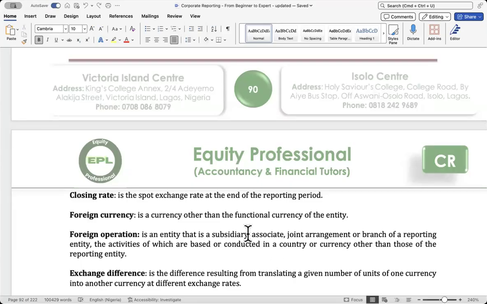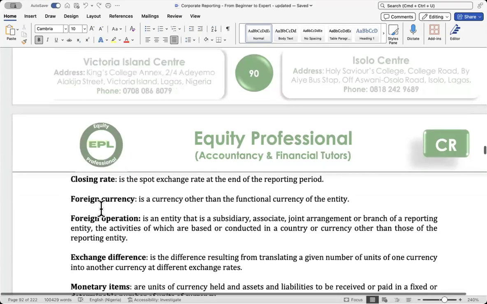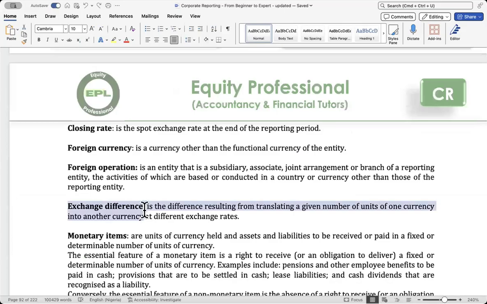And of course, you meet exchange difference, right? The problem of fluctuation in exchange rates usually results in exchange difference in the sense that when you're translating a transaction, let's say the transaction happened in January, you translated it at one rate in January. Let's say you're now paying much later.